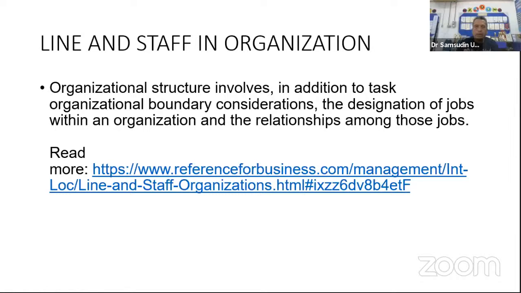So this line and staff explain: what is the border of this task? The border and the difference between the individual tasks is based on the job design, and the designation of the job within an organization, and the relationship among those jobs.